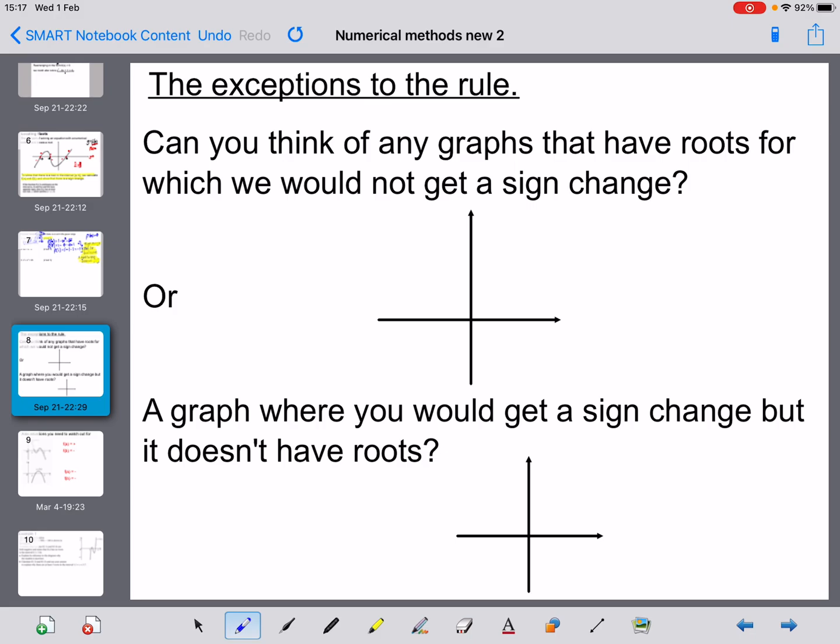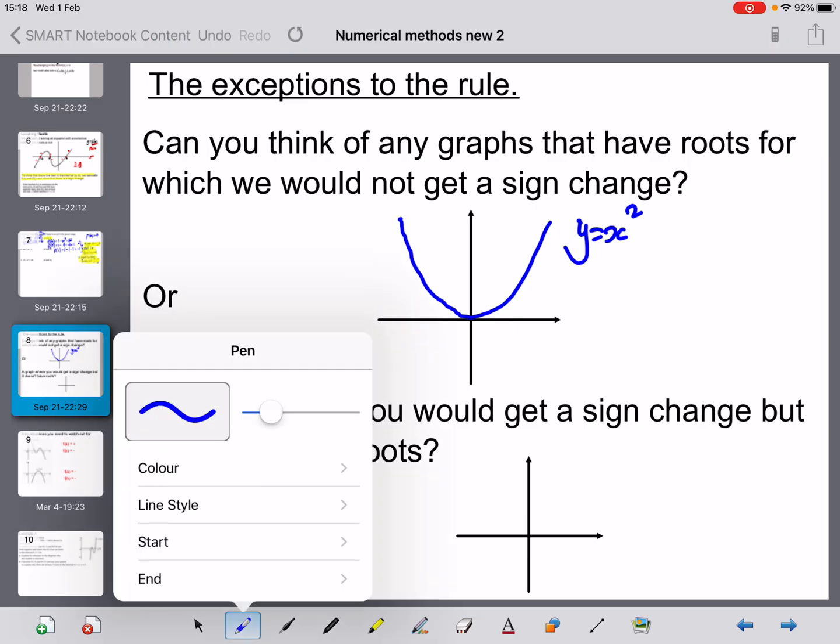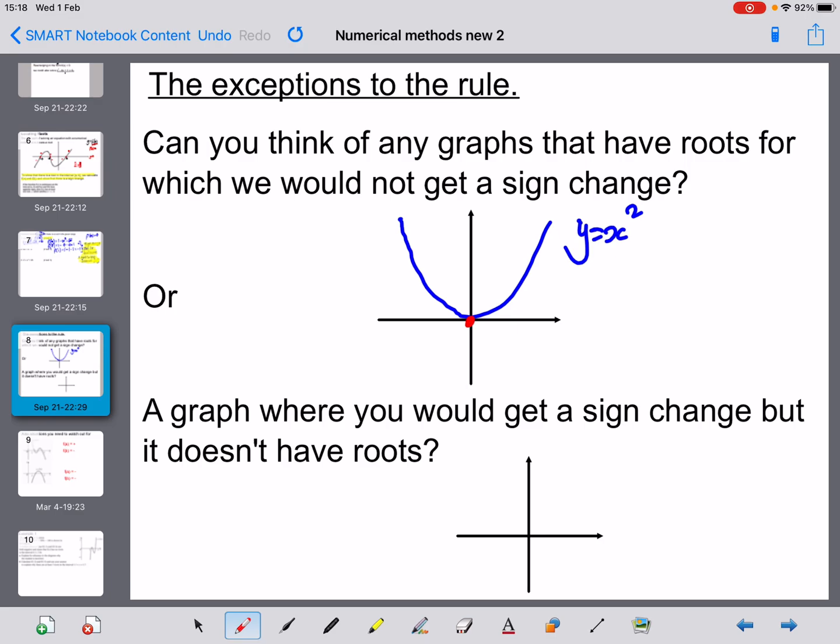I can think of one. There's one. So that's the graph of y equals x squared, or some multiple of that. Anything of that variety, there is a turn, there's a root just there.